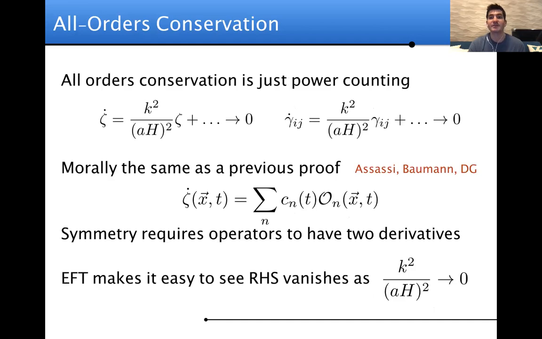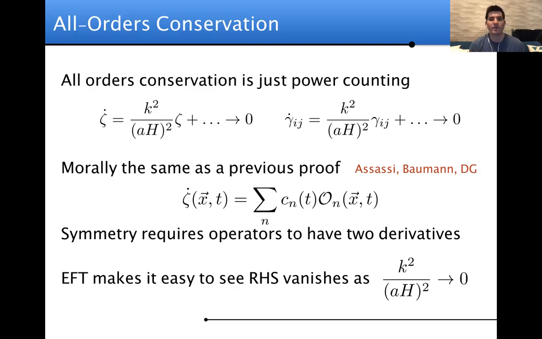And this is all that is needed to get the conservation of zeta. So the leading behavior tells us that zeta dot and gamma dot are 0 as operators, and that loop corrections only fall off like increasingly high powers of the soft momenta over the comoving horizon.